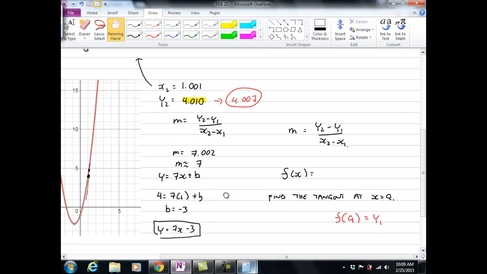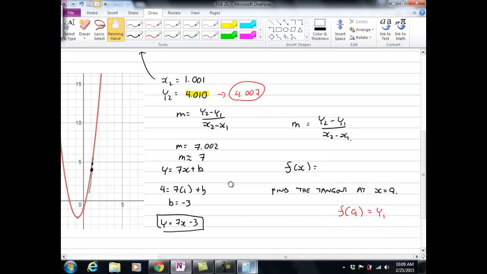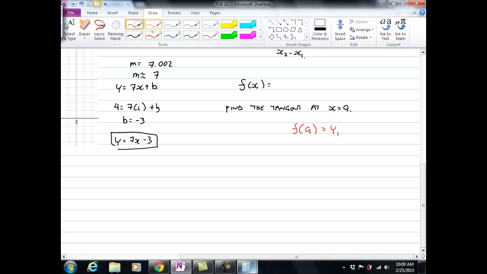Then what we did with this question was I chose another point, x2. Here is the trick, and this is where it gets really confusing. x2 really equals a. Now, some of you say we're going to choose a letter or a number so close to a, but this time I'm going to use h.